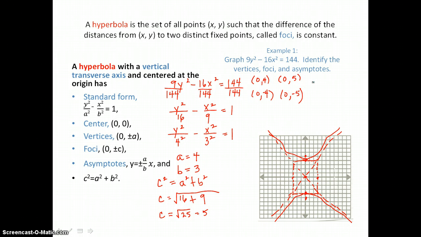And the asymptotes that I sketched through the corners of the box and through the center have the form y equals plus or minus, and the slope is a over b, so that would be 4 over 3, or 4/3 x. So one asymptote is y equals 4/3 x, and the other asymptote is y equals negative 4/3 x.